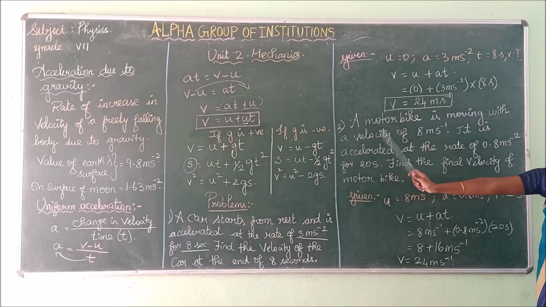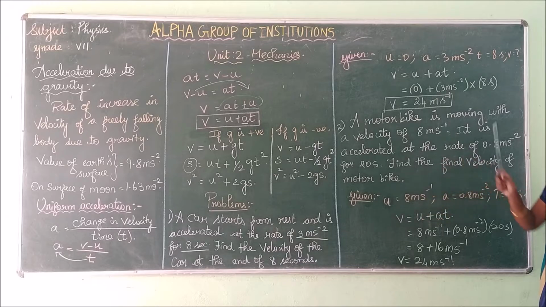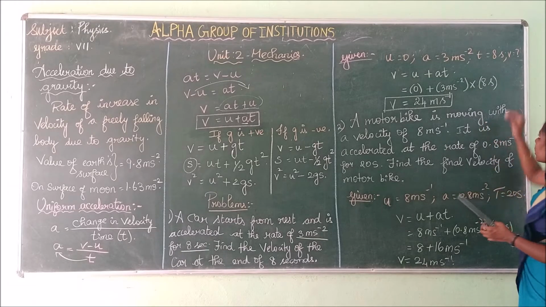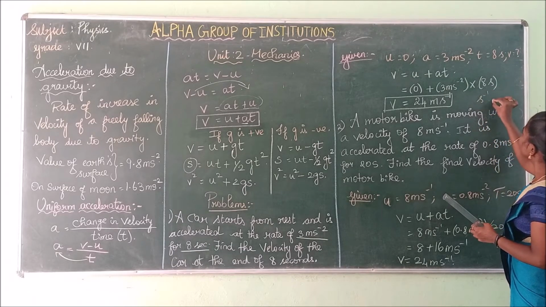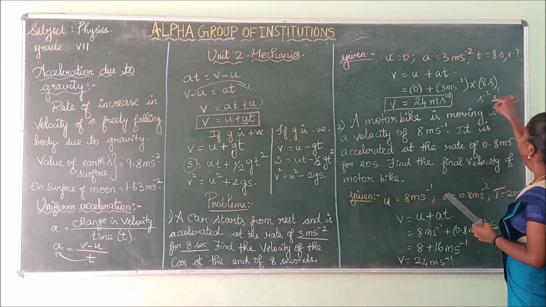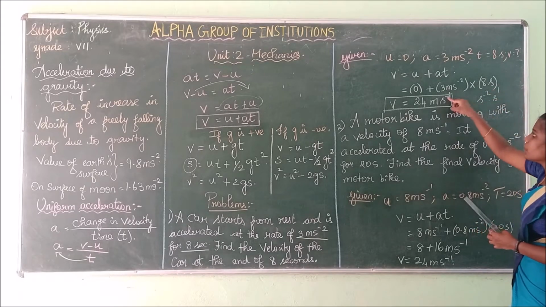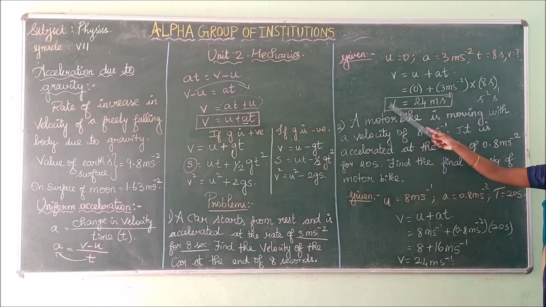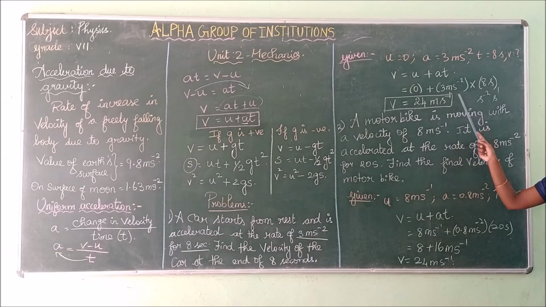As the car starts from rest, initial velocity is 0. Acceleration value is 3 meter second power minus 2 and time taken is 8 seconds. So the value for velocity of the car is 24 meter second power minus 1.